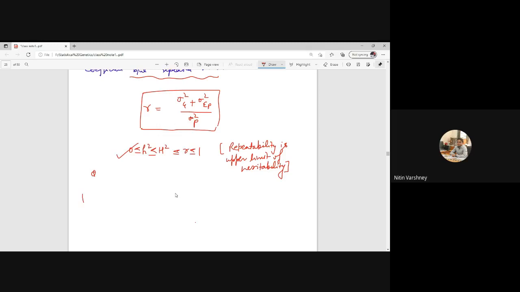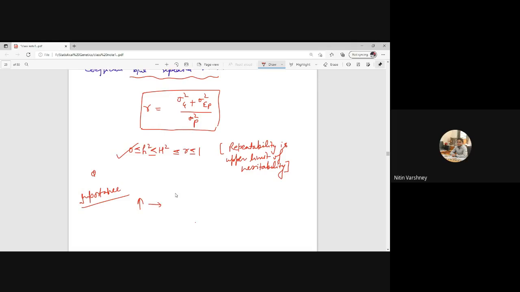Now what is the importance of repeatability? Suppose repeatability is high, then what is its meaning?